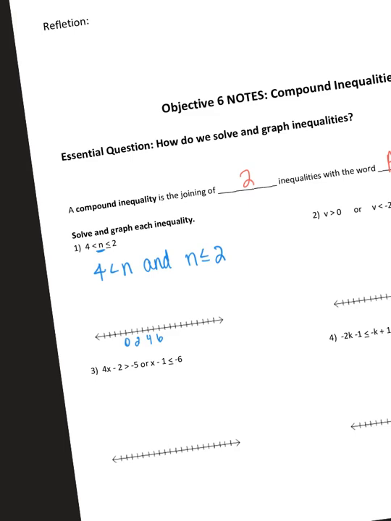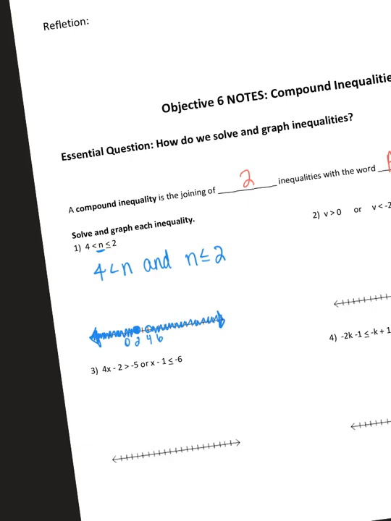So we're going to put a closed circle at 2 because it's less than or equal to, an open circle at 4, and then we're going to shade. Now n is less than or equal to 2, so that means all numbers that are smaller than 2. Okay, and n is greater than 4, so all numbers that are greater than 4.